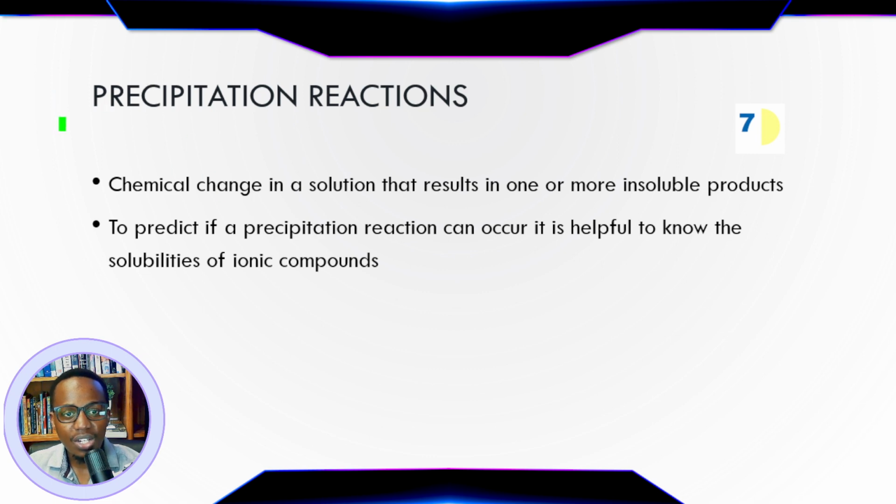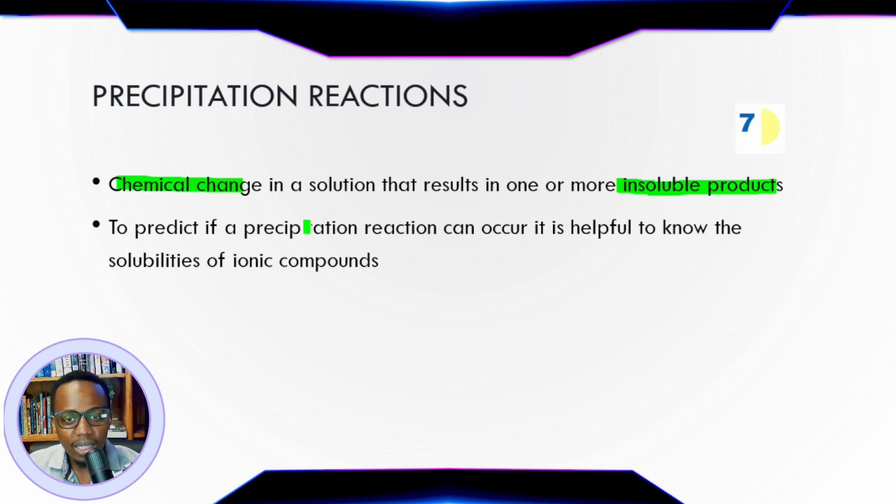So a precipitation reaction is a chemical change in a solution that results in one or more insoluble products, meaning you make a solid when you mix two clear liquids, and it kind of makes chunks in the reaction. I think you're going to get a chance to see it in the lab.